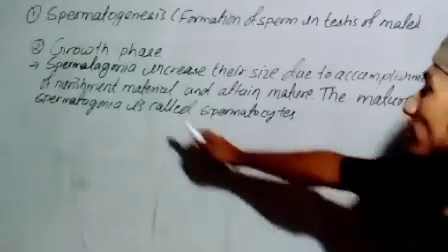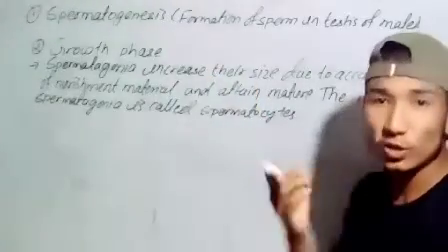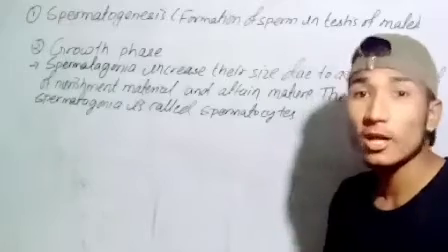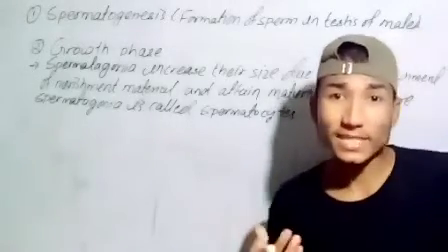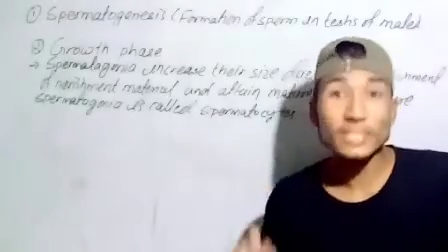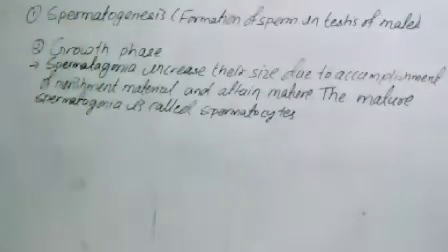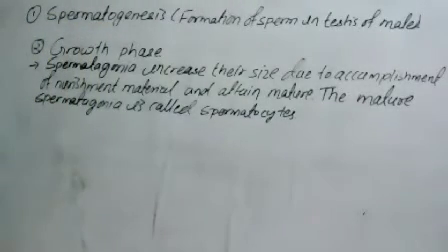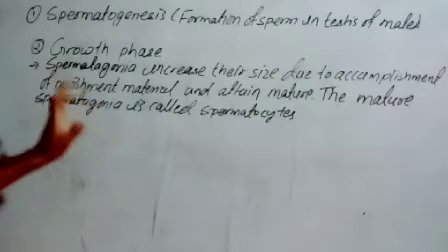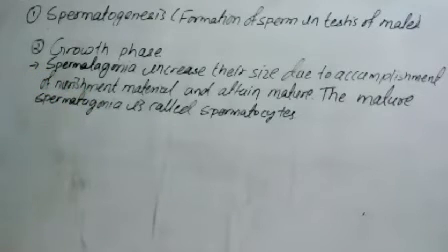There is nothing but that spermatogonia increase their size due to the accumulation of nourishment material, and if they increase their size, they attain maturity. That maturity of the spermatogonia is called the spermatocytes. This is the definition, and this is the process of the growth phase.